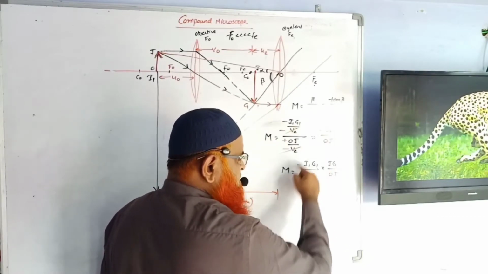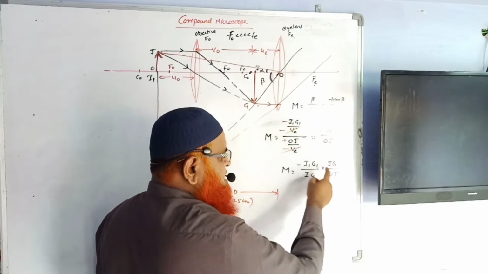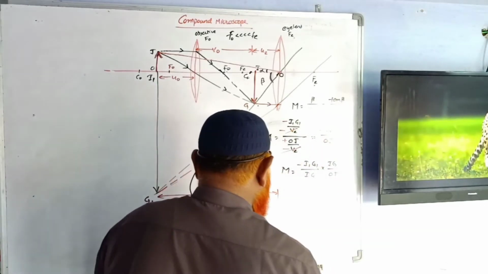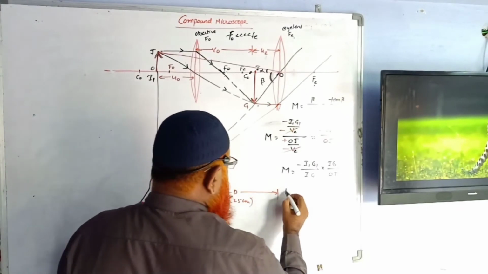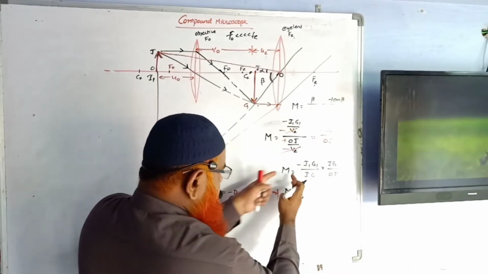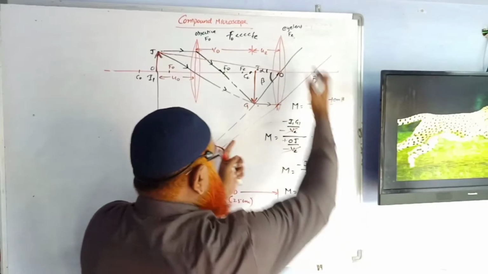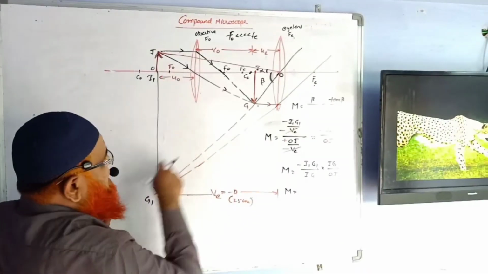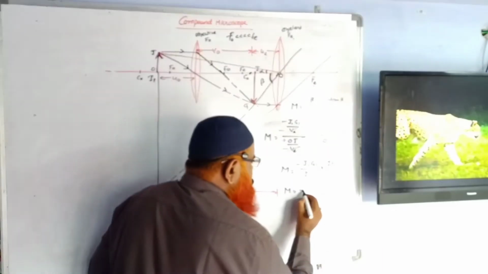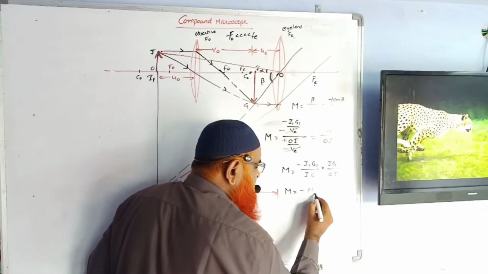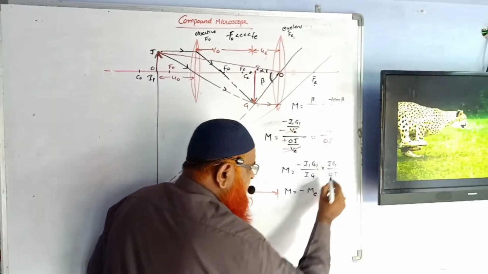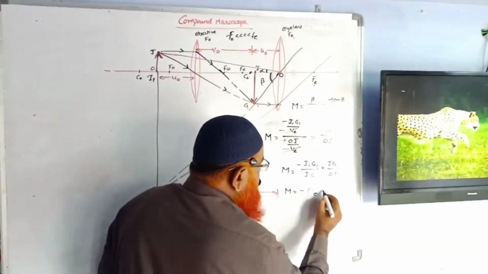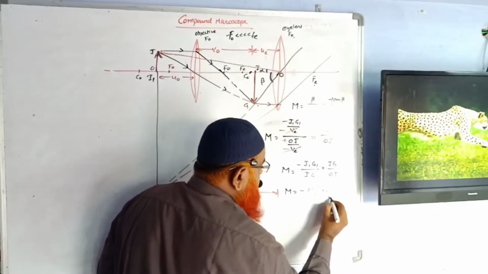Anyhow, you get the same result, since IG gets cancelled, giving minus I1 G1 by OJ. I am writing it like this because I want to split this magnification into two parts: one for the I lens and another for the objective. I1 G1 by IG is the magnification for the I lens, and IG by OJ is the magnification for the objective.